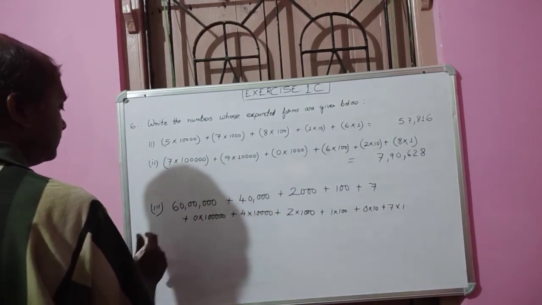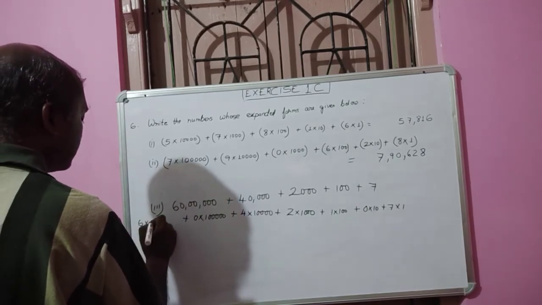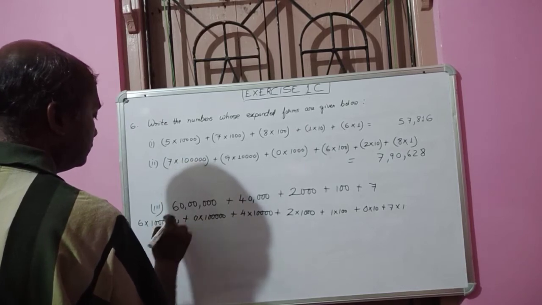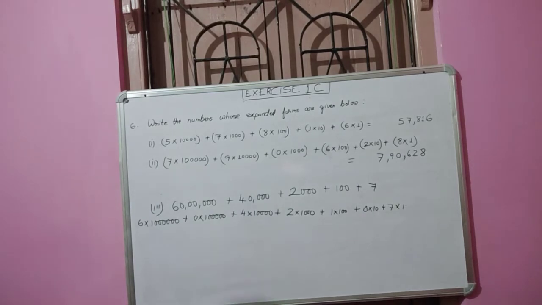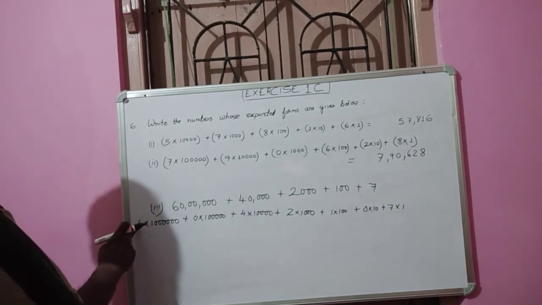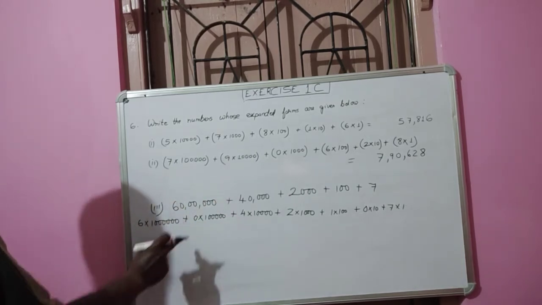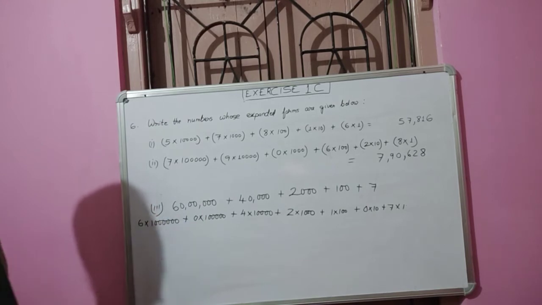Then comes 60 lakh. 60 lakh can be written as 6 into 10 lakh, one zero more than this. So now you have 6 in 10 lakhs house. So many zeros. So here also 6 zeros.